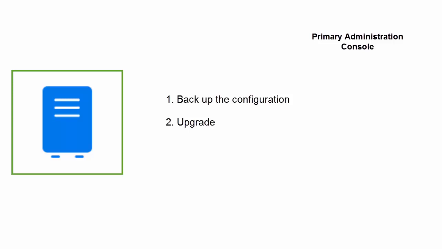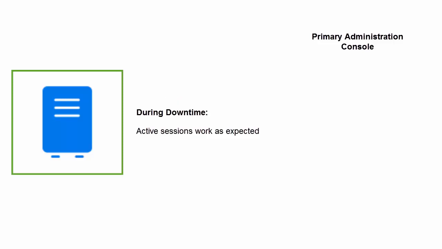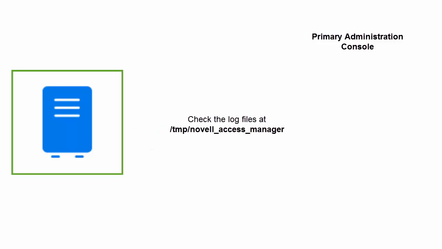While the primary administration console is upgraded, the already active sessions will work as expected, and the newer sessions will not be established till the primary administration console is up and running. After upgrading the primary administration console, you can check the logs to verify if the upgrade is successful.